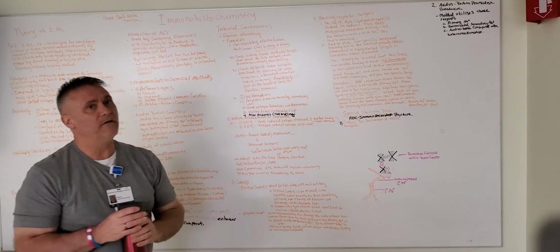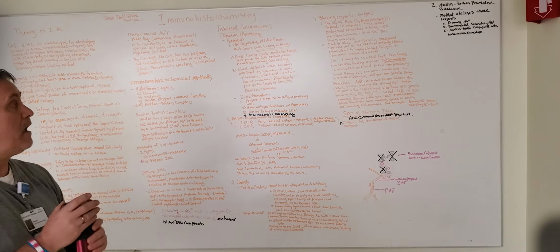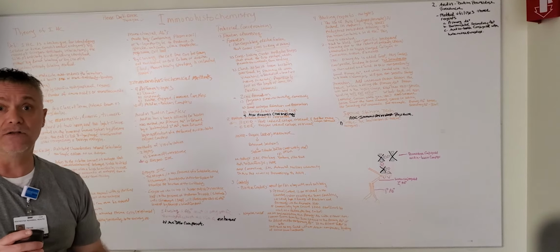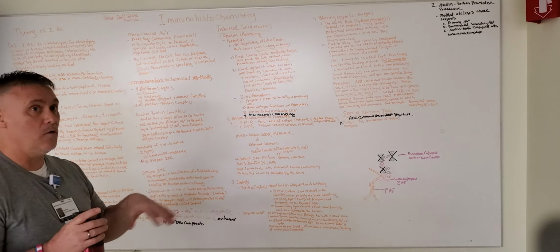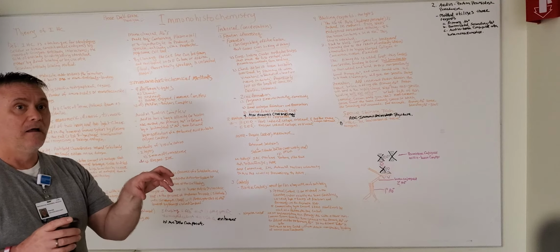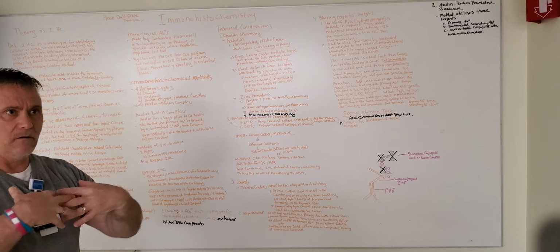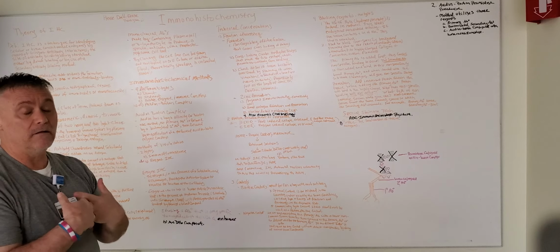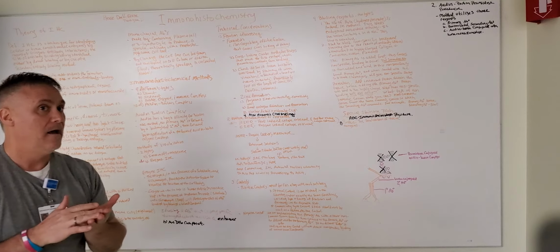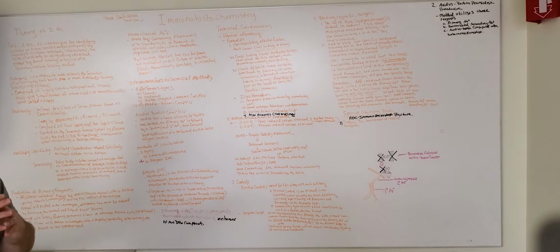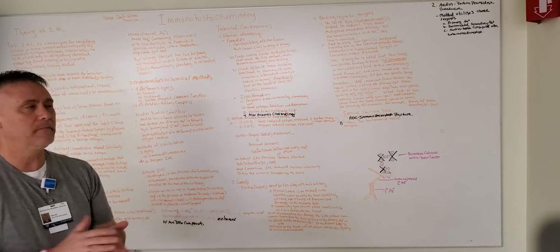Enzyme-induced epitope retrieval is not widely used, and the reason why is because enzymes tend to chew things up. That's what you want them to do. You want them to chew up the bonds, because these bonds are very strong. They're covalently bonded, so you need a lot of energy to break them, right?